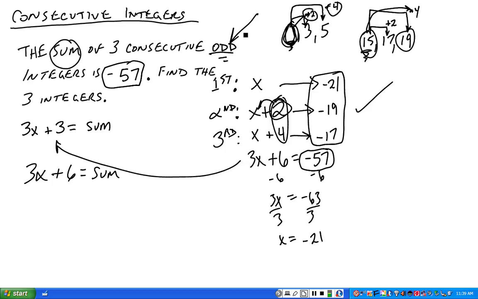So now let's talk about word problems right quick. Okay, word problems.